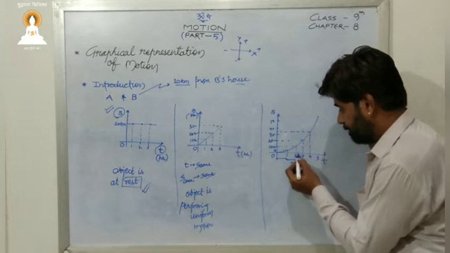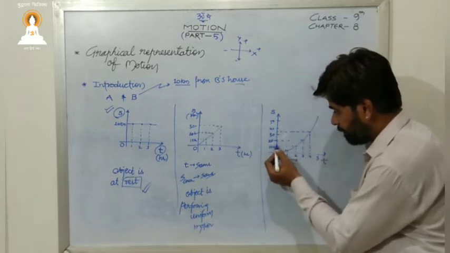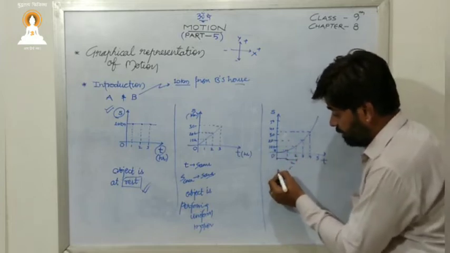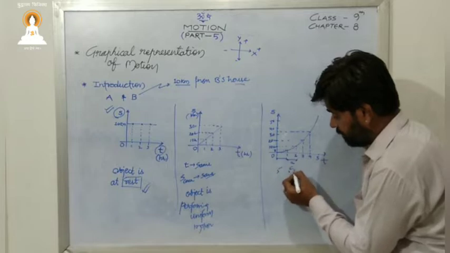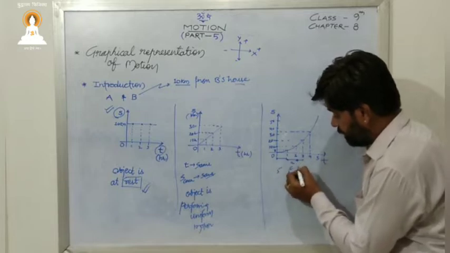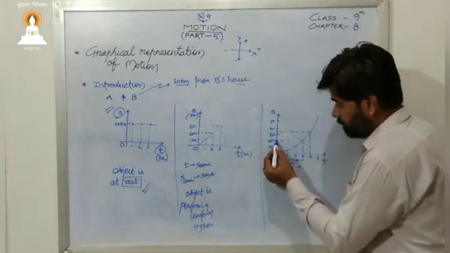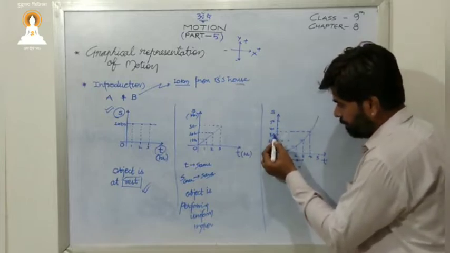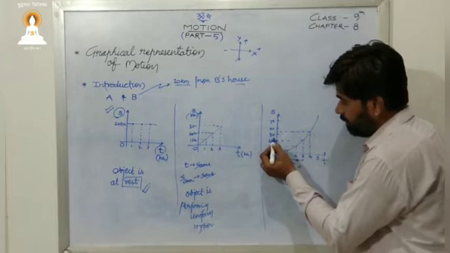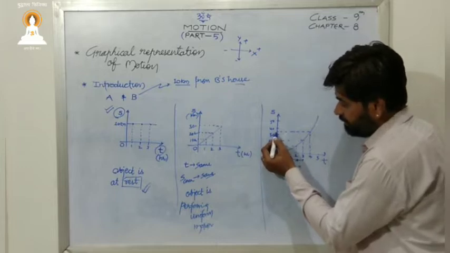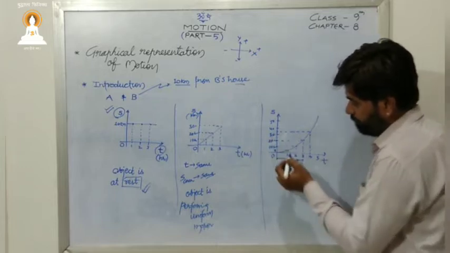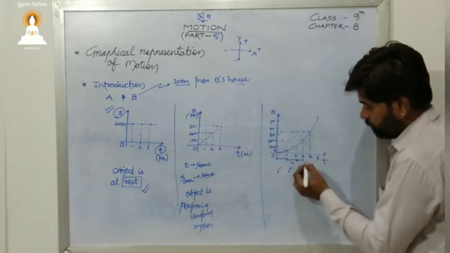Then from 2 to 3, in the next 1 hour, 10 kilometer. So here 5 kilometer, here also 5 kilometer, here they covered 10 kilometer. Then from 3 to 4, this is more than 30. More than 30 means this is 10 and this is 4. 10 plus 4, 14.